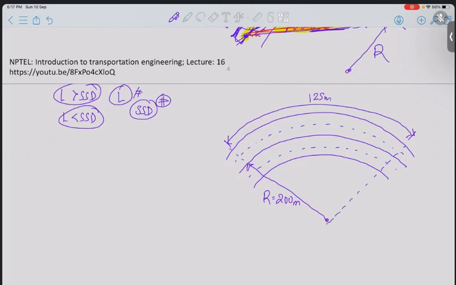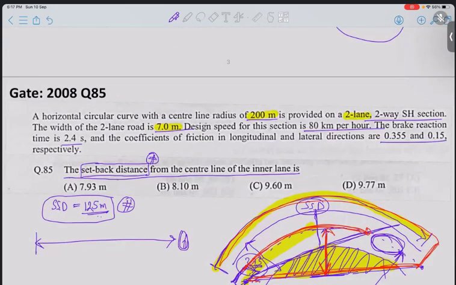Okay, we are going to say that this is the length of the curve now. So this angle will be, and the angle actually what we calculate, we do this calculation. If you look at it carefully, we are asked from the center line of the inner lane, right?